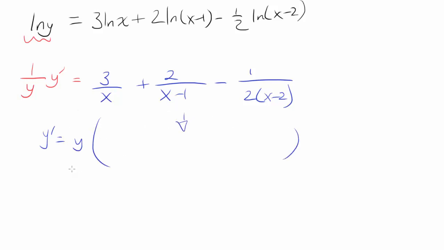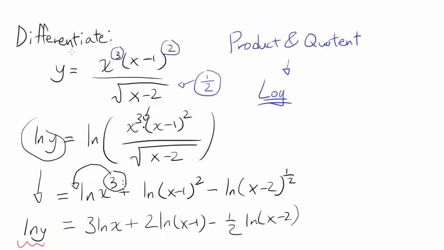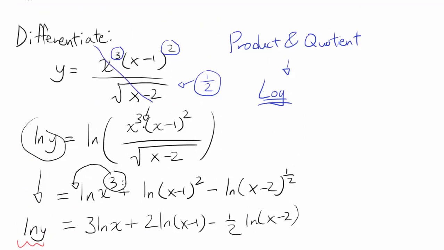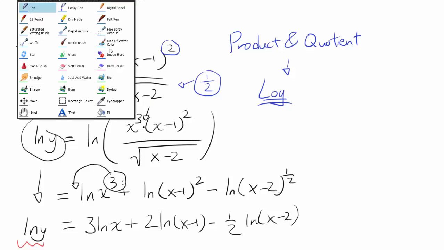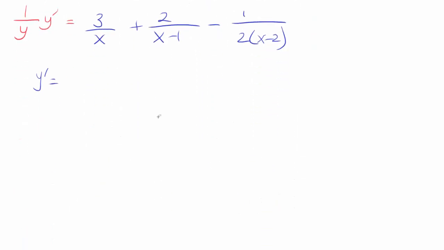But you want this entire expression to be a function of x; you don't want to have y. So instead of writing y, let's write our original expression. Our y was this expression. Let me try copying and pasting it if I can. Let's copy it, go down, and paste it.